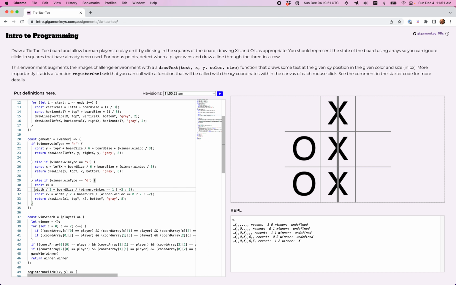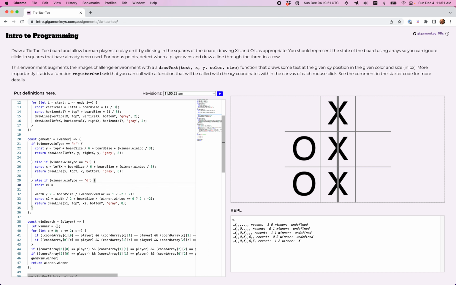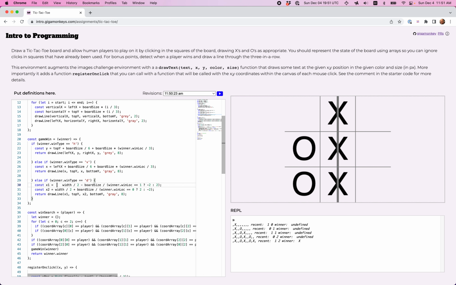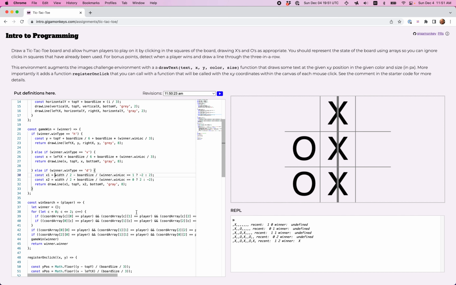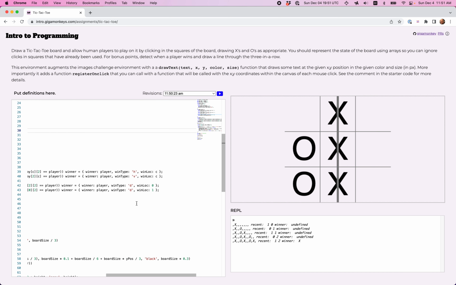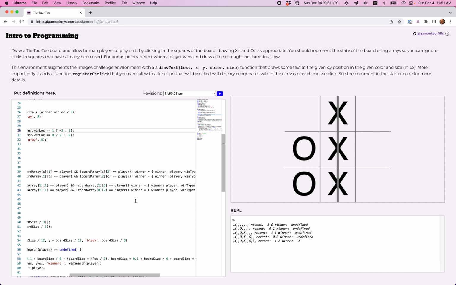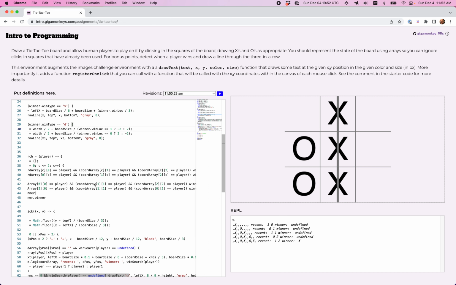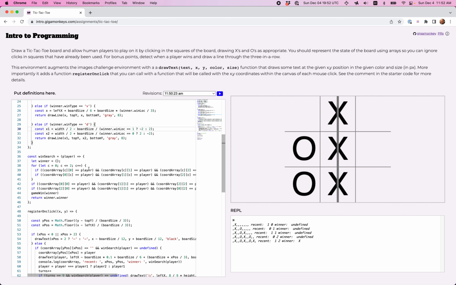So I'm going to do this from first principles. Let's say the x1, I might have to look at win search and see what. Okay, so if it's a diagonal win, that means it's going from 0, 0, 1, 1, 2, 2. So from top left to bottom right.